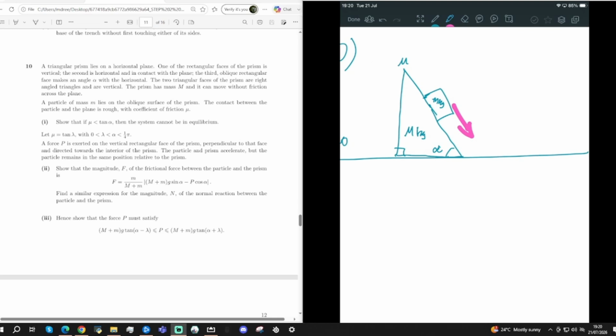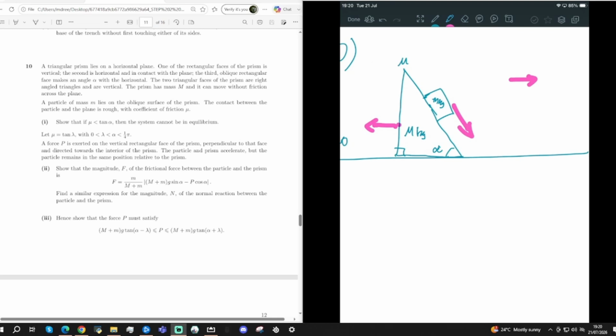We could also actually have, and if that does slide down, this wedge, this triangular prism, will actually start moving backwards. As that m slides down, it's going to have some forward-ish momentum, and that forward momentum has to be counteracted by imparting some backward momentum.